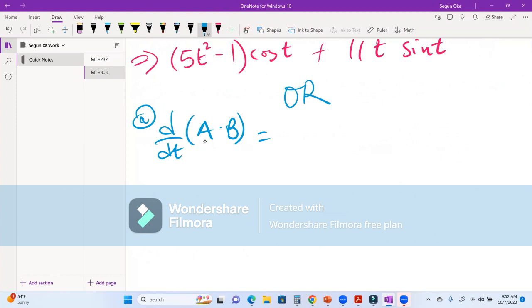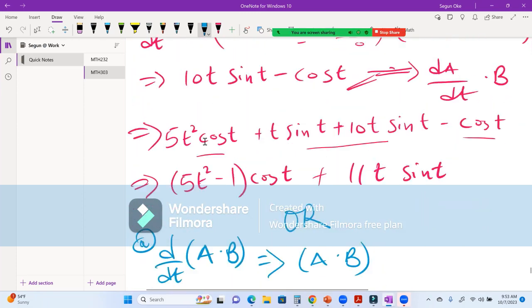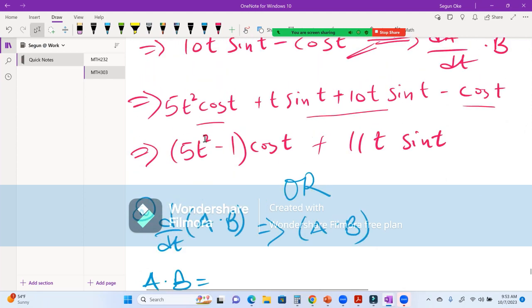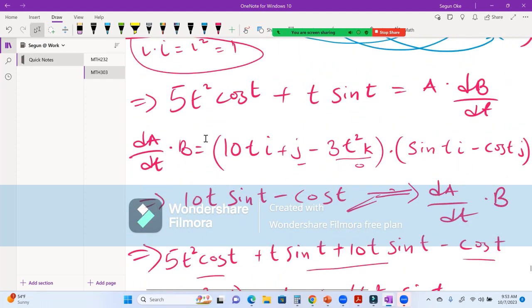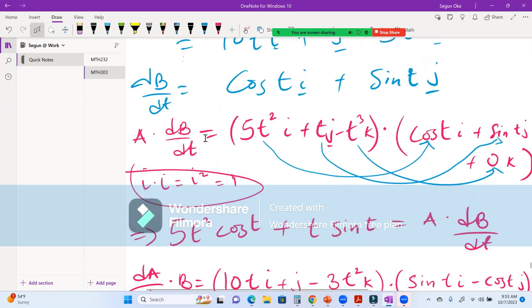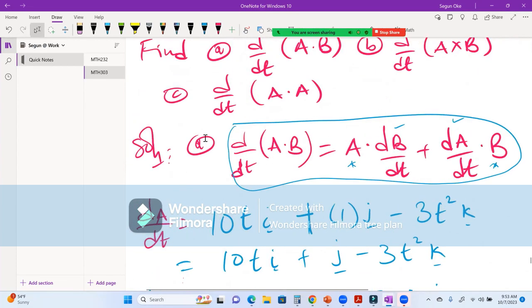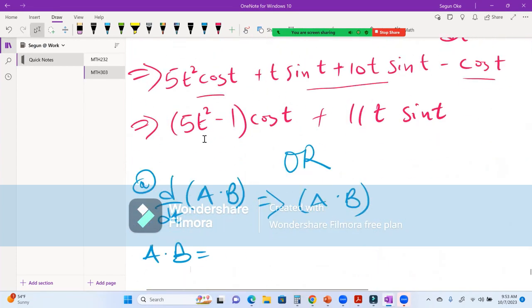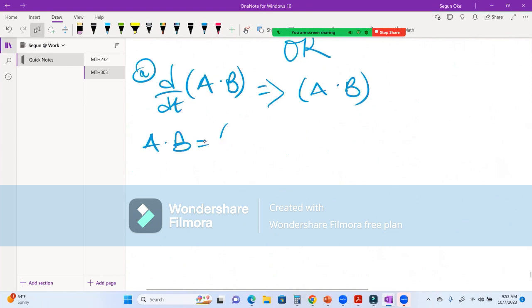We can first of all do A dot B. Let's do A dot B first. A dot B is the same thing as, let's go to A. Can you call A for me?